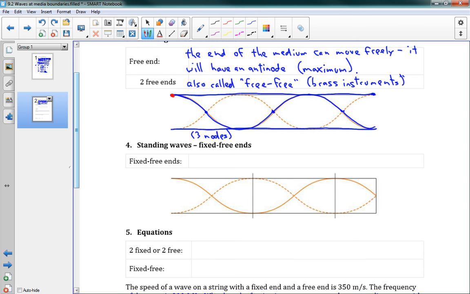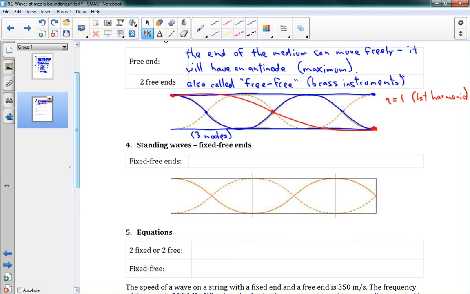The easiest way I can do that is like this, where I have an antinode at the top, one node in the middle, and an antinode at the bottom. And so we call that my fundamental frequency. So that's the first harmonic. And that had one node.